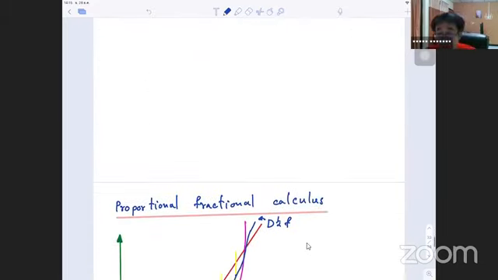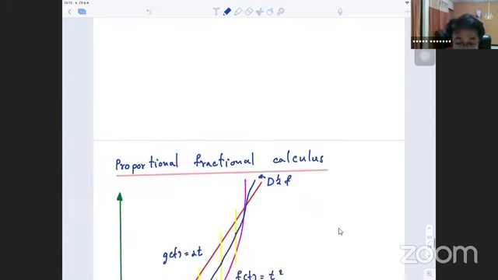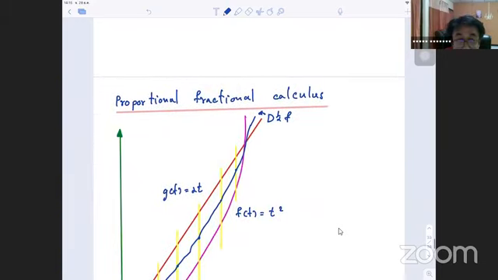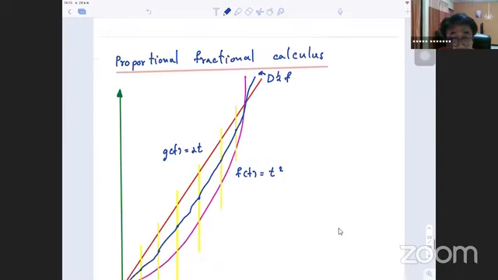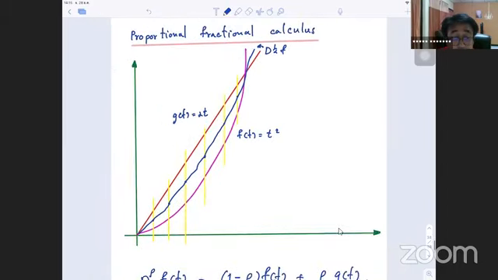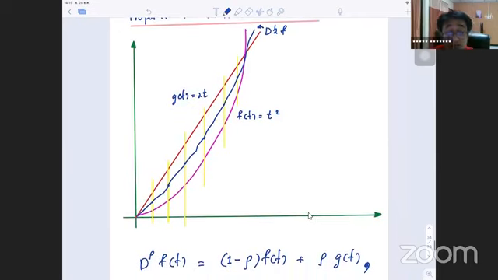Oh, I have another part. Proportional fractional calculus was born in a few years. It is another sense of fractional calculus. They define. I would like to delete some graph.